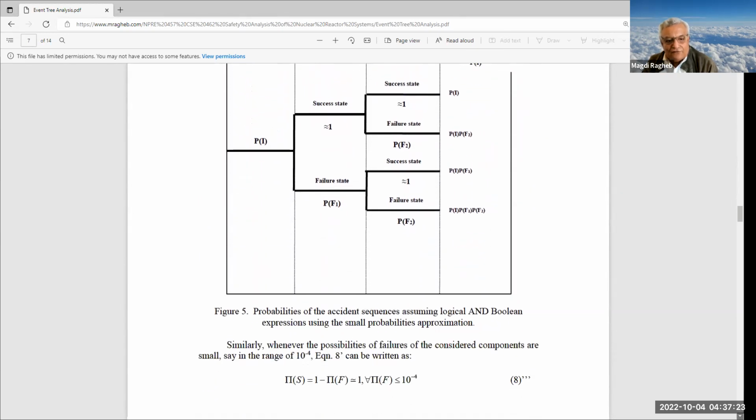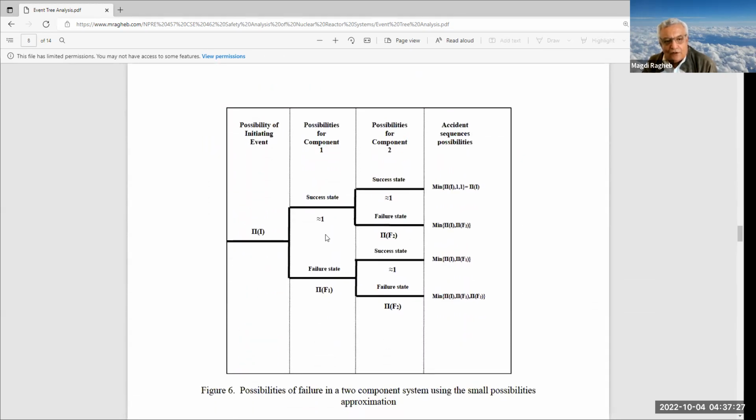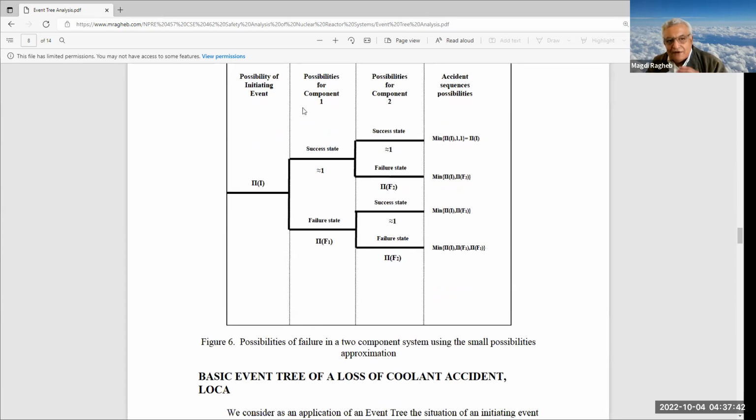The same will be done for the possibilities. In the same way that we have a small probabilities approximation, we have a small possibilities approximation. And this is the first way of simplifying the process. Why is this? Because usually if you are dealing with engineering components, they're very complex.